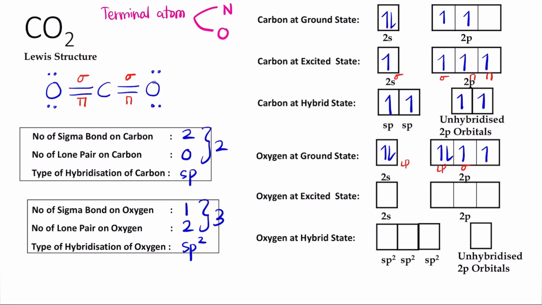So, do I have to excite anything? Tak perlulah sebab saya tak ada orbital yang kosong. So, dia kekal macam biasa, sama sahaja as ground state. And now, as I mentioned before, untuk hybrid, dia hanya suka lone pair dengan sigma bond sahaja.